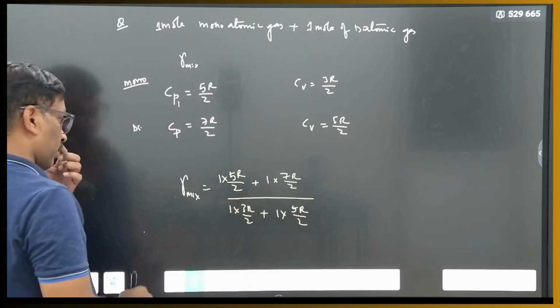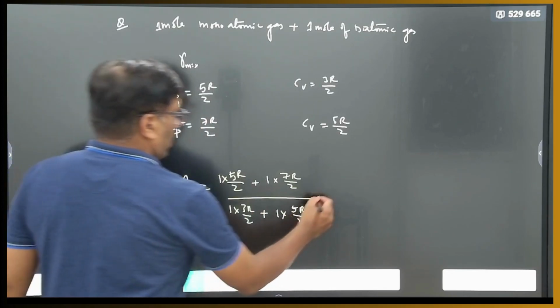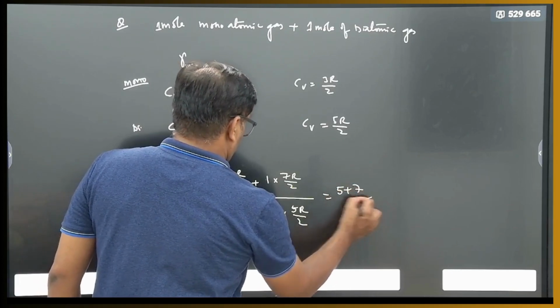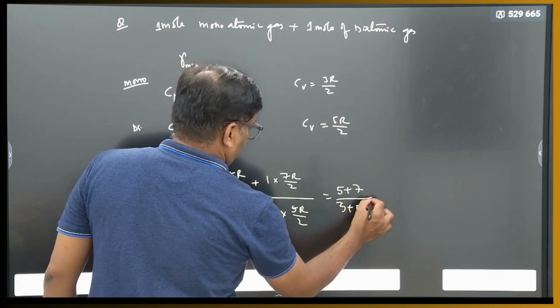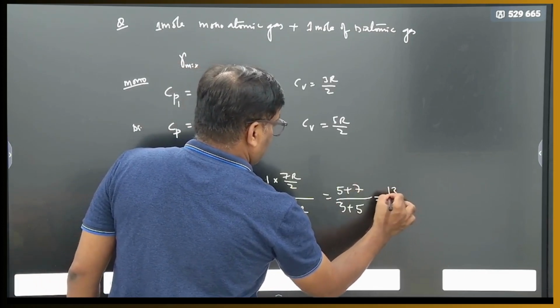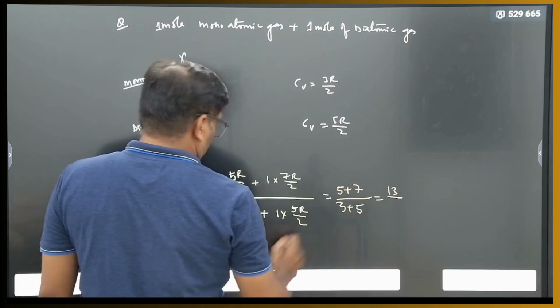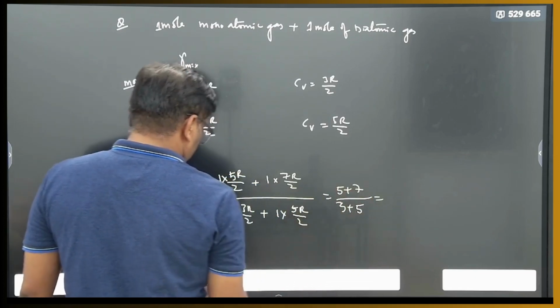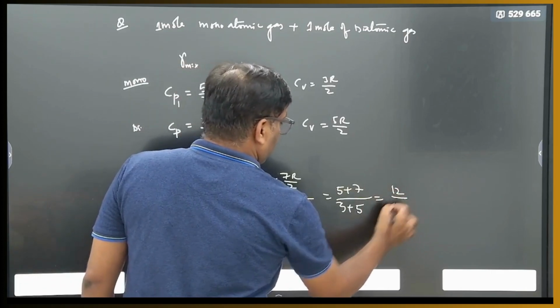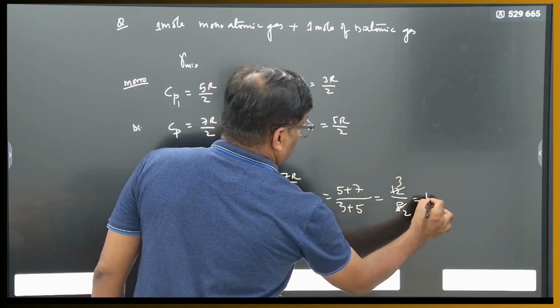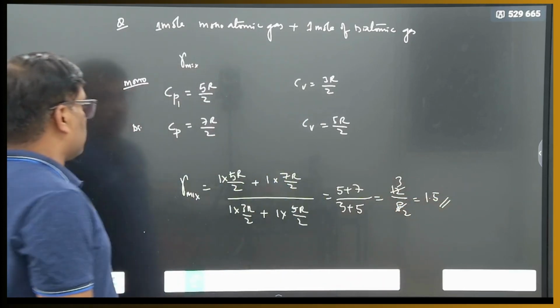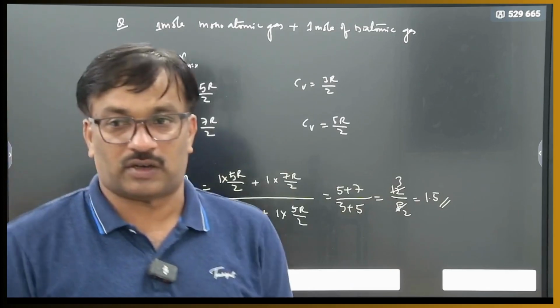Here R by 2 is taken common and cancelled. Therefore, you can write 5 plus 7 divided by 3 plus 5. So it is 12 by 8. Four 3s are 12, four 2s are 8, so it will be 1.5. This will be the gamma of the mixture, right?